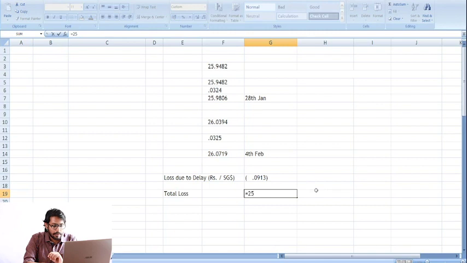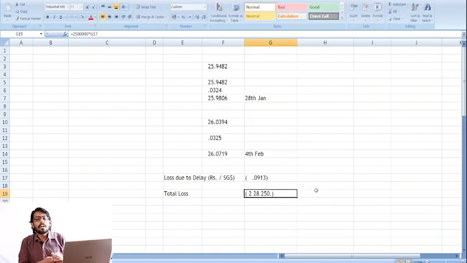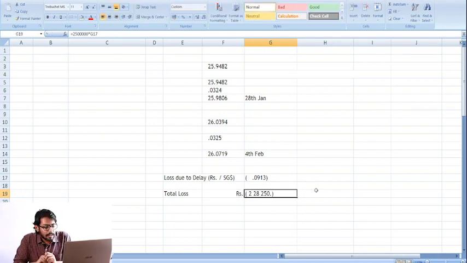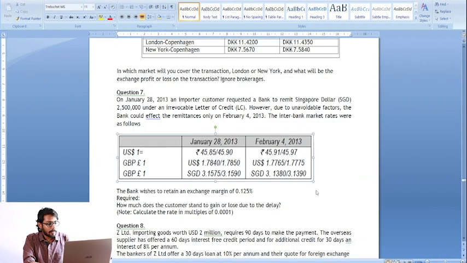So 25 lakhs into 0.0913, you will get a total loss of rupees 2,28,250. Okay, because of the delay, you have a total loss of 2,28,250. Got it? Done. Let us move on to question number 8.